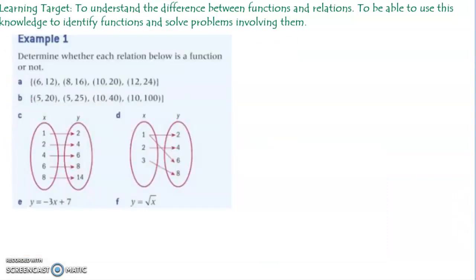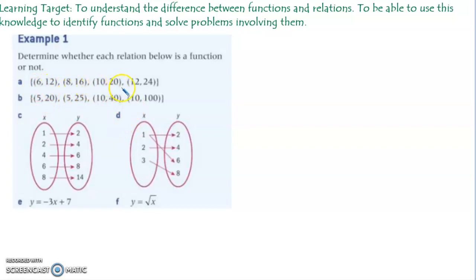So we're going to go through, can we figure out if something is a function or not? Okay, so in A here, to determine if we're looking at a function, we need to see if the domain is associated with multiple values of the range. So I automatically go and I start looking at my x values or my domain values and seeing if they repeat.